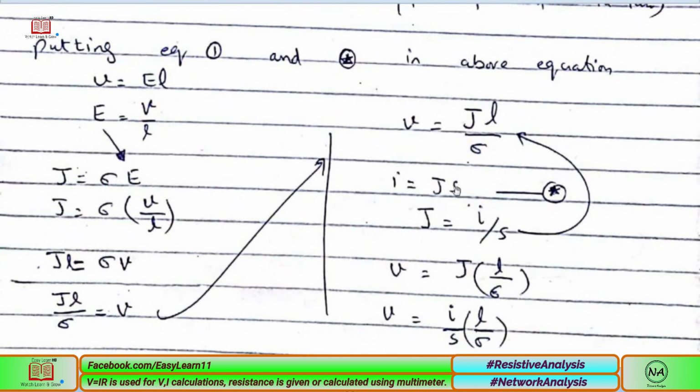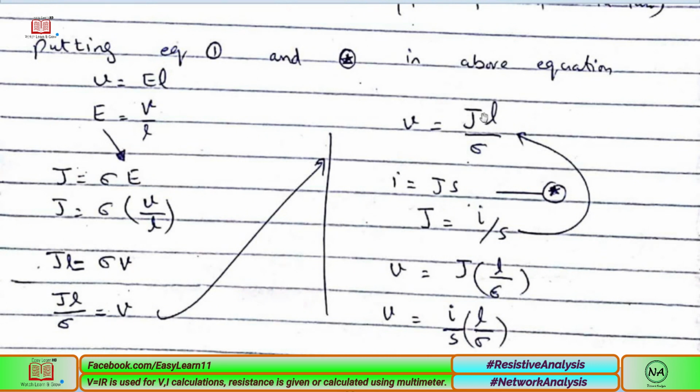From here, J equals I over S, meaning the surface area goes to the other side, in the denominator. So J equals I over S. This is the value of J, and now this value of J is going to be substituted in L.